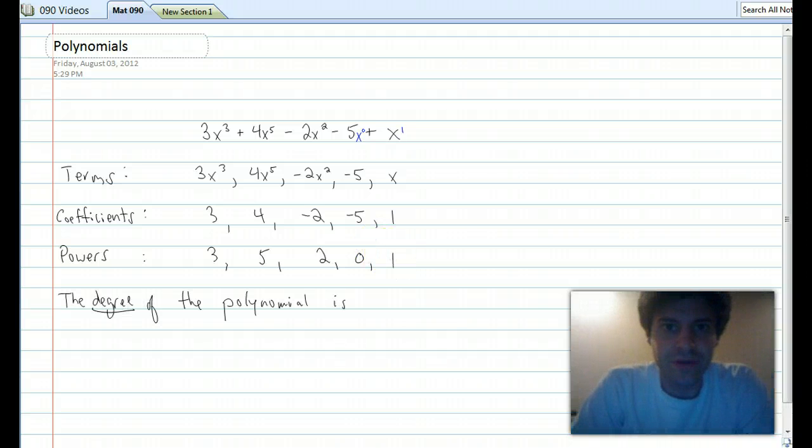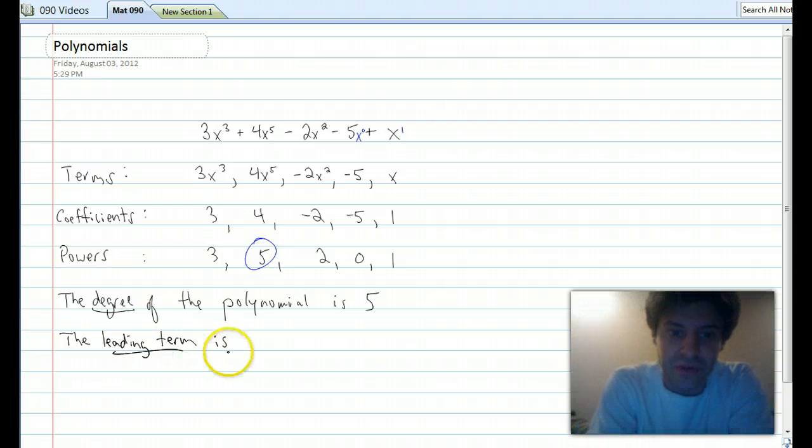Another piece of vocabulary here, the degree of a polynomial is the highest power on the variable, in this case x. So the question is, what is the highest power on x? So we can just look at this list here, and the highest power that we have is 5. So the degree of this polynomial is 5. And that leads us to another piece of vocabulary. The leading term is the term that has the highest power on it.